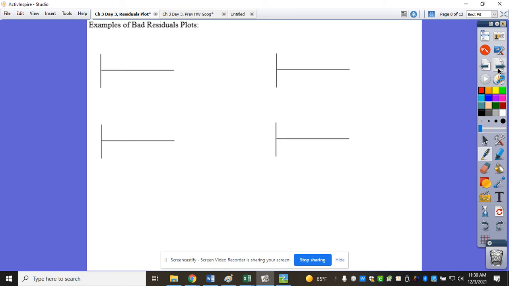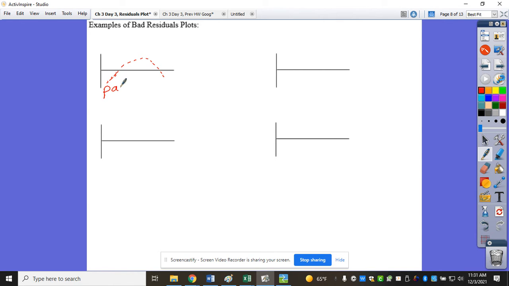Alright, so I am going to show you some graphs that, if you saw this in a residuals plot, would be a red flag that, hey, maybe something is wrong here. Which one of the three do you think that violates?